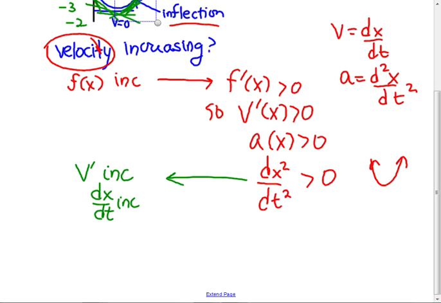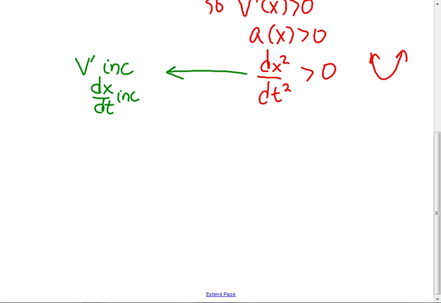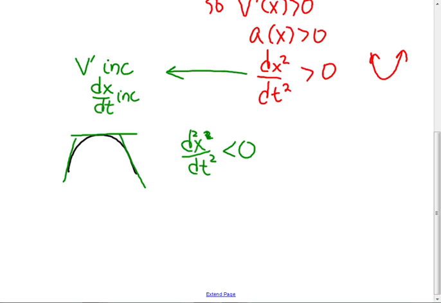Let's look at where we're concave down. I'll just draw you a picture. So now we're like this. What's true about your slopes here? This is high. That's like 4. And then it goes to 0. And then it goes negative. So if you're concave down, d squared x over dt squared is less than 0, the velocity is decreasing.